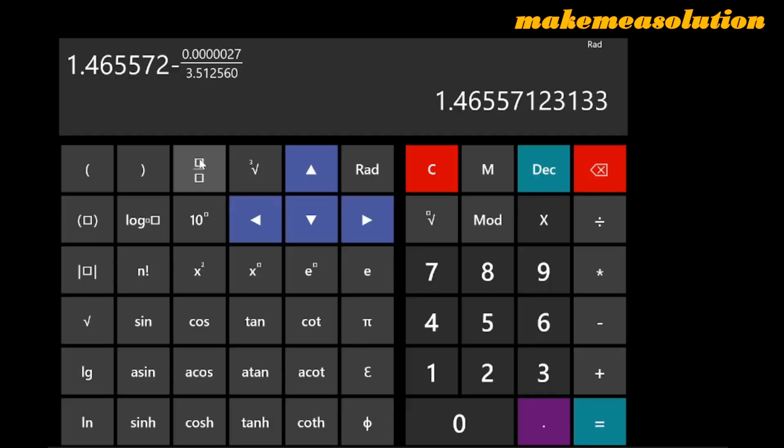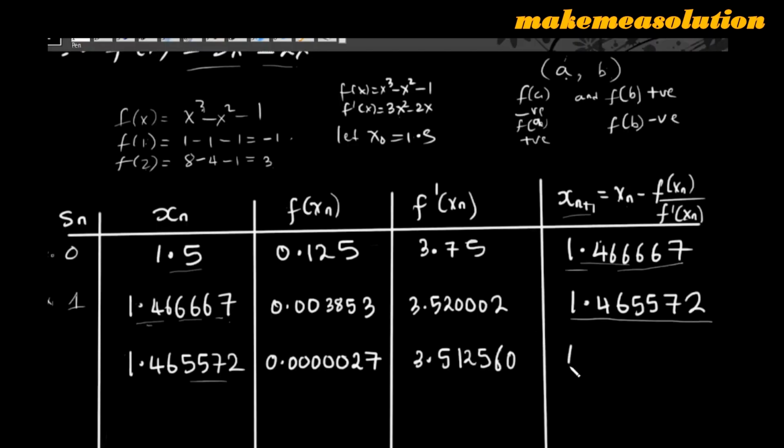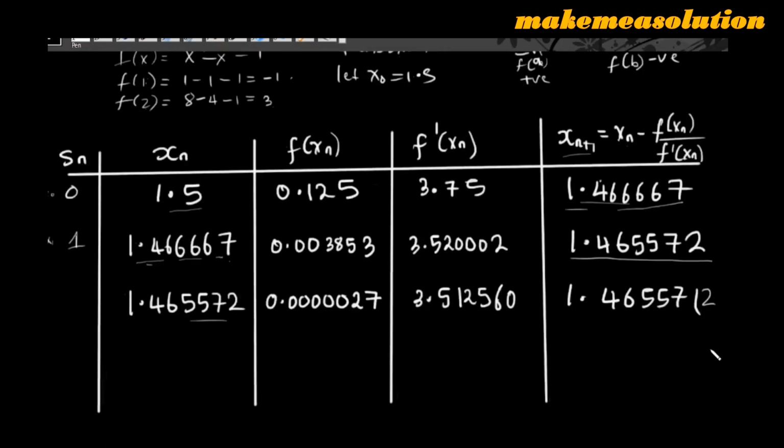So this gives me 1.465571. Okay, 1.465571. So let me just put it like this. Now if you take this value over to this place, you get 1.4655712. Okay, now you see that this value is almost exactly this one, so there's no need of continuing.